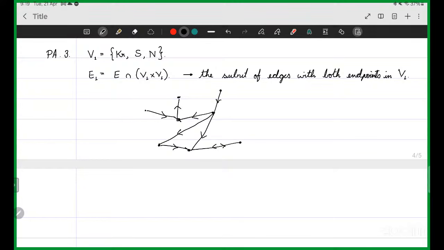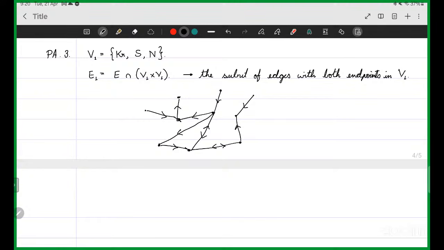Just let me know if I'm making some error. Now, this is the graph given with vertices having certain names.